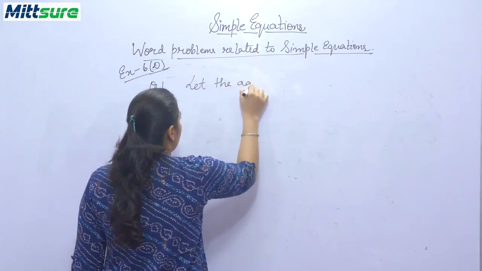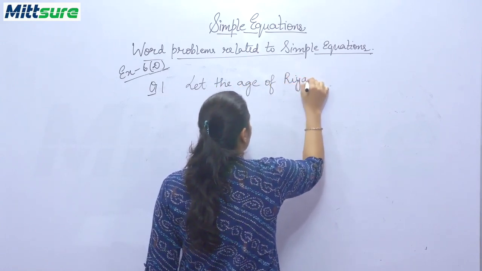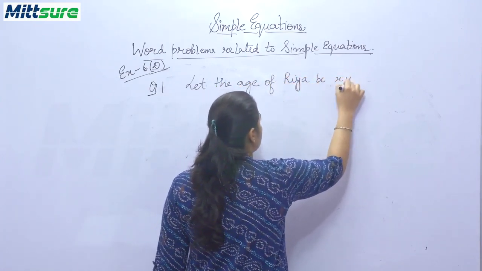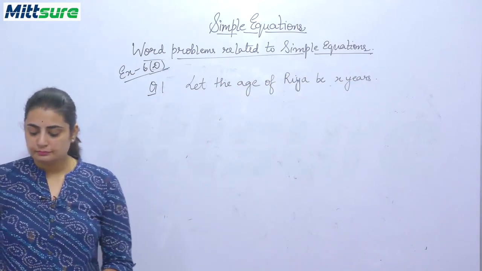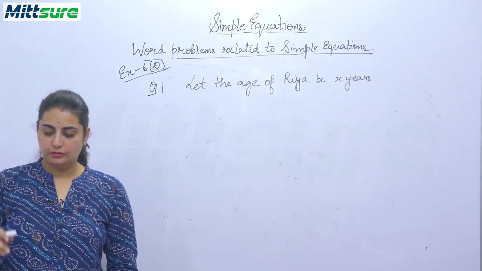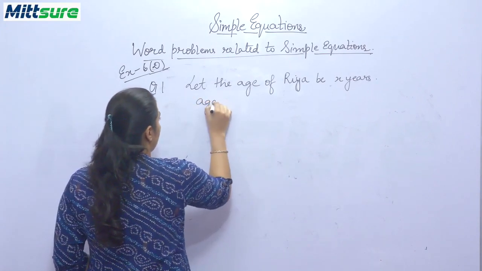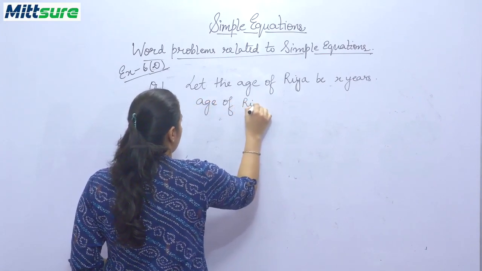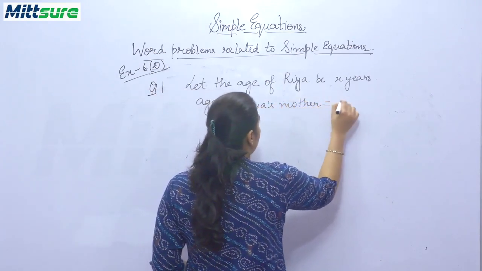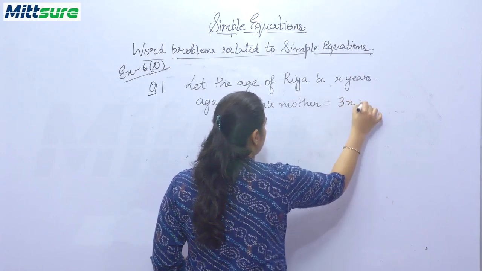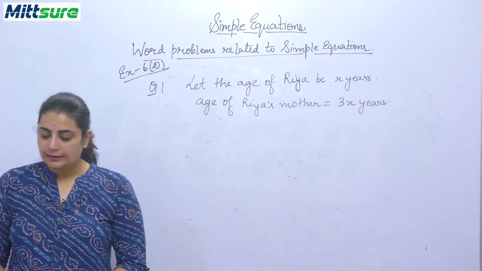Let the age of Ria be X years. Right? Now, what will be the age of Ria's mother? Age of Ria's mother is equal to 3x years.